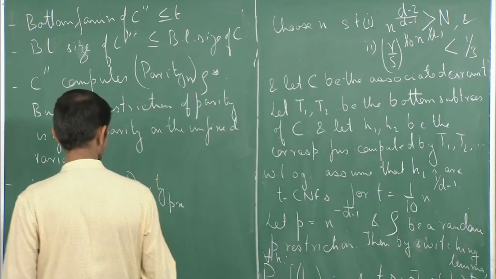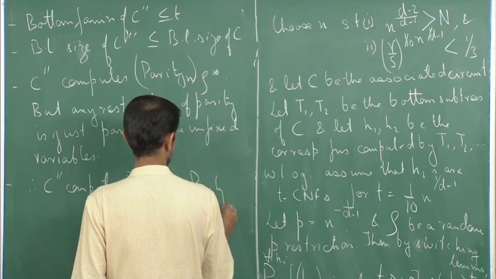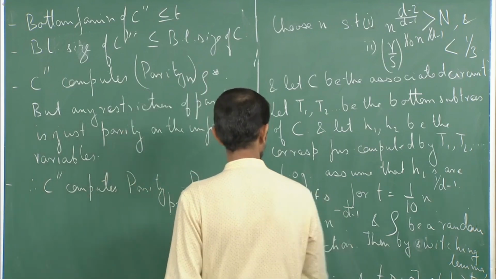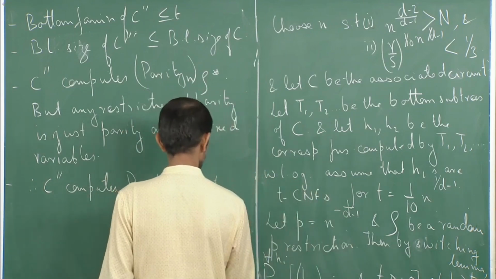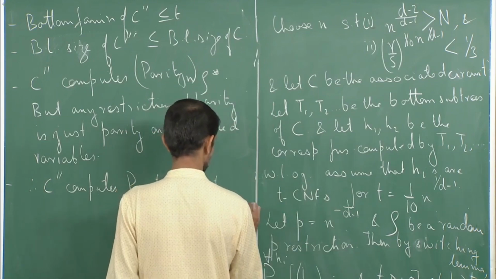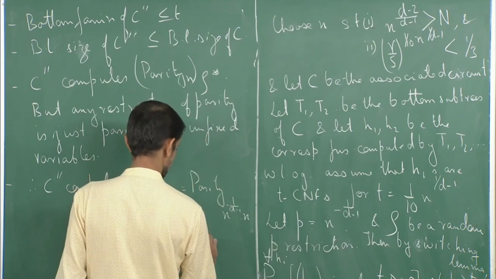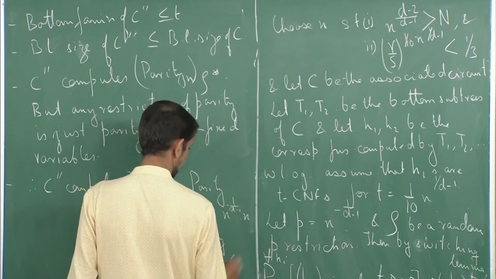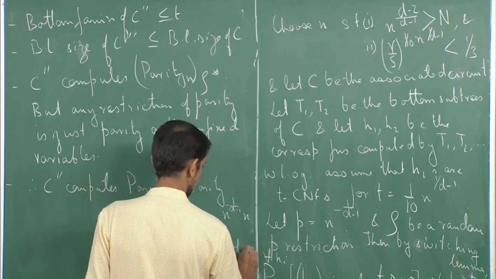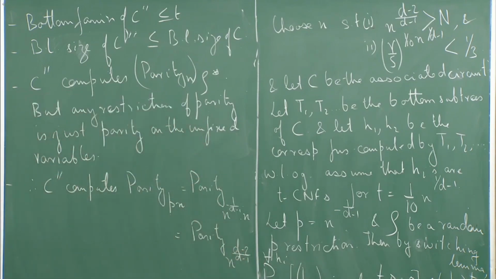So, we will substitute the value of P. So, this is equal to parity of n to the power minus 1 over d minus 1 times n, which is parity of n to the power d minus 2 by d minus 1.